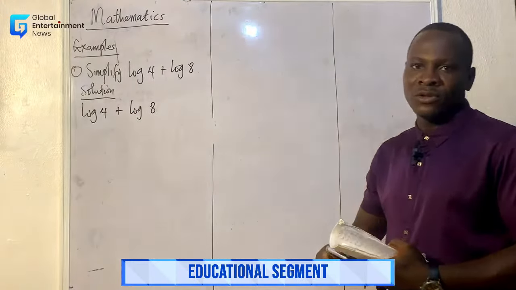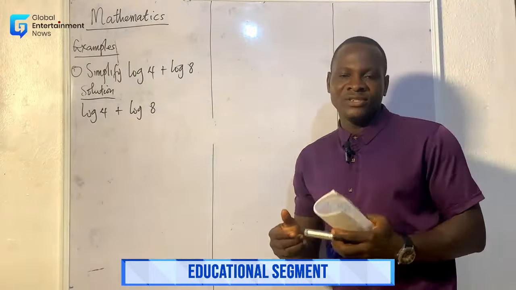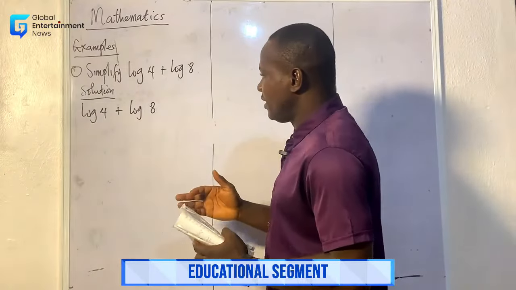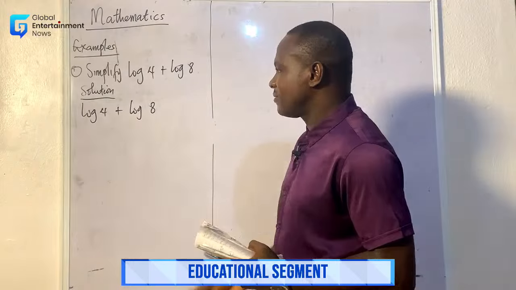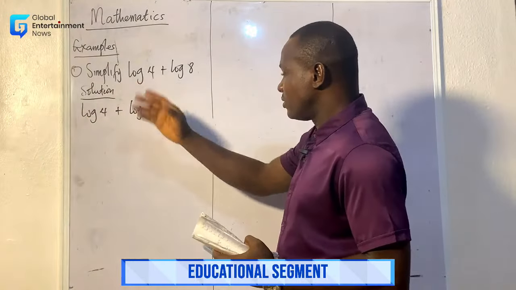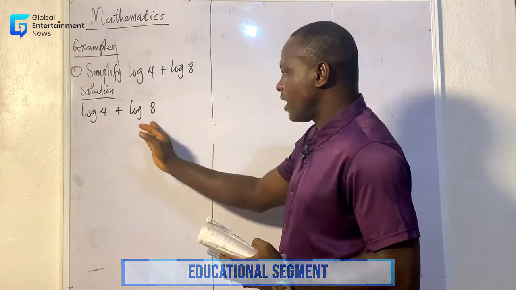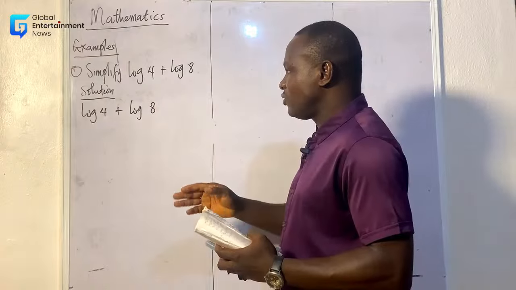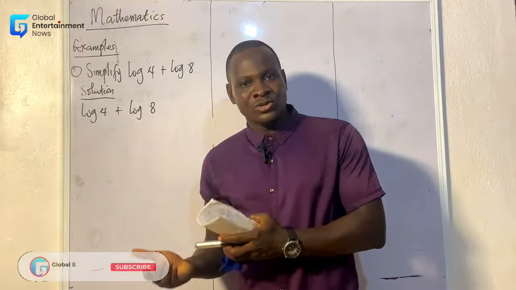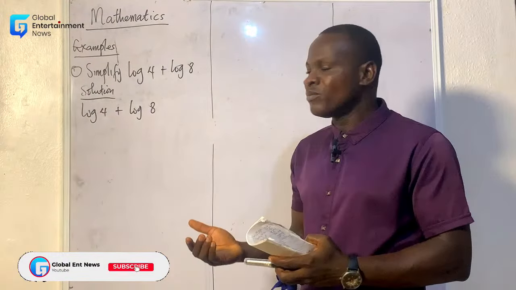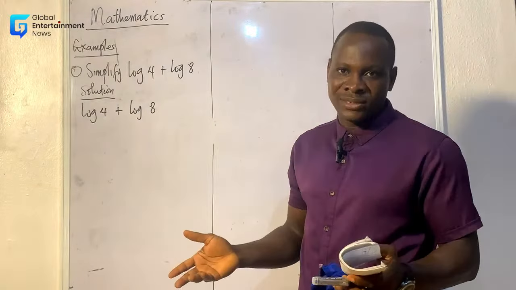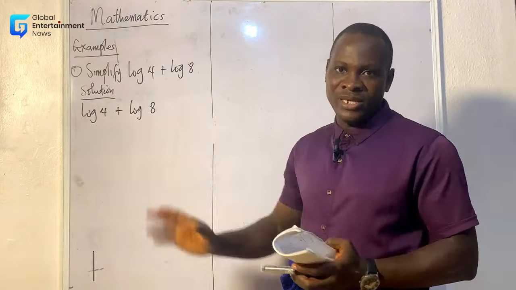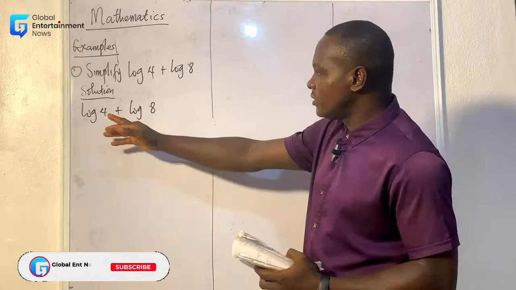One of the things you need to note is that you will look at it: do they have the same base? Looking at this question on the board now, the two of them don't have a base. And if they don't have a base, according to the mathematics form, that means they are both in base 10. But we don't need to put that. Let's just solve it the way it's being put out. So they are both in base 10.